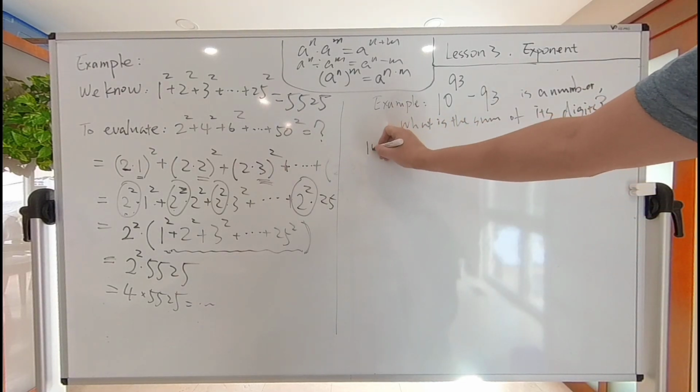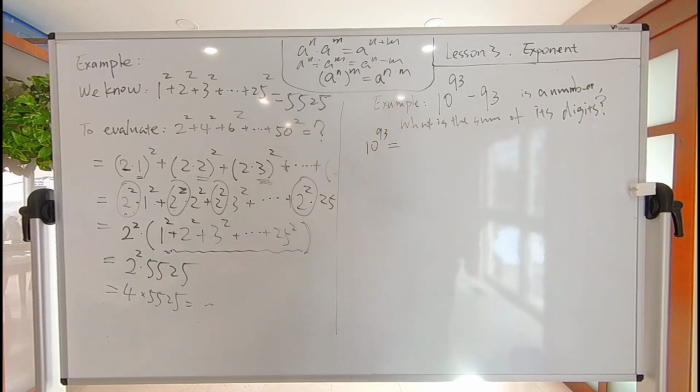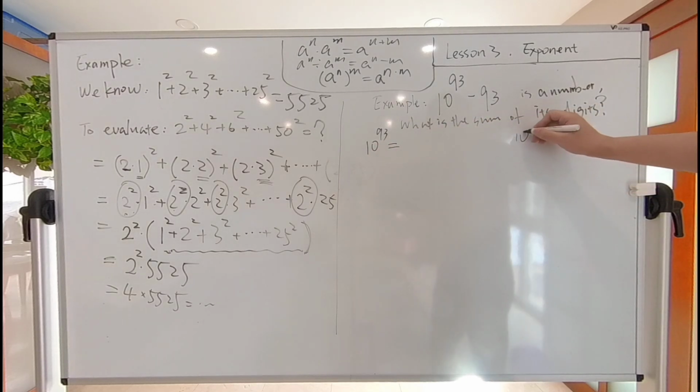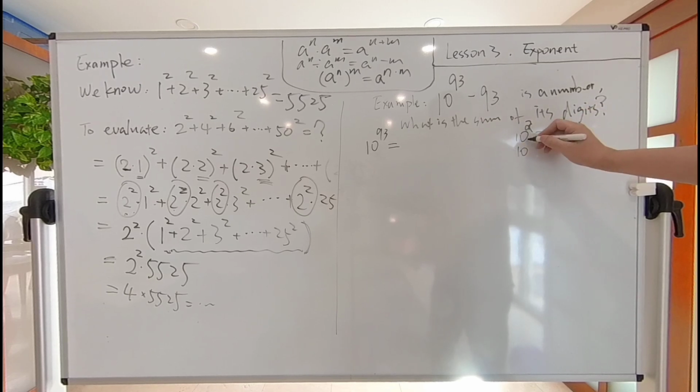So first of all, the first number, 10 to the nth power, for example, 10 square is 100, right? 10 cube is 1000.